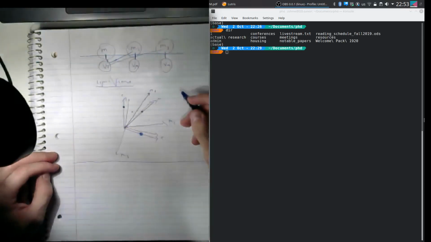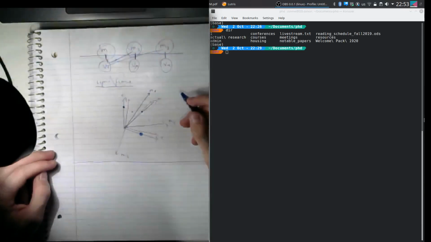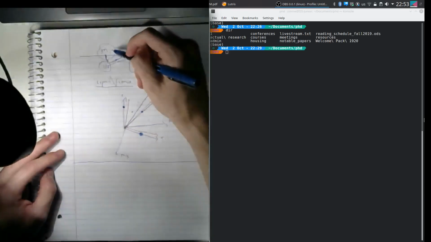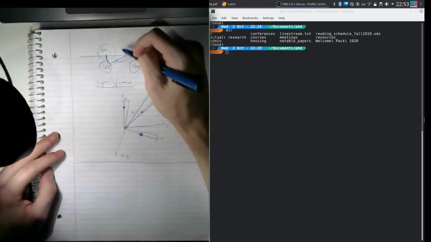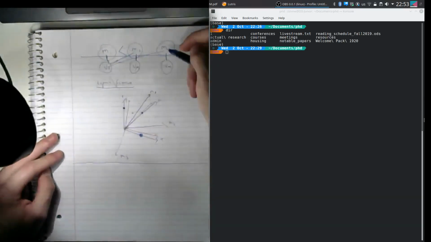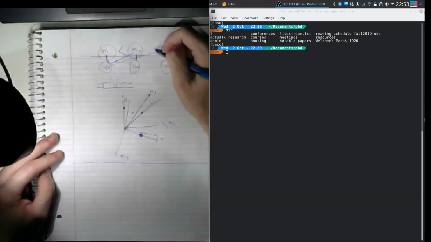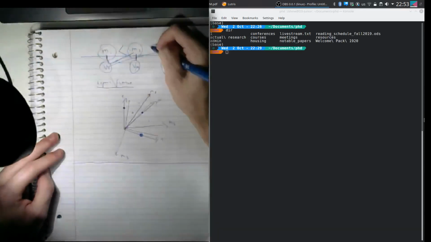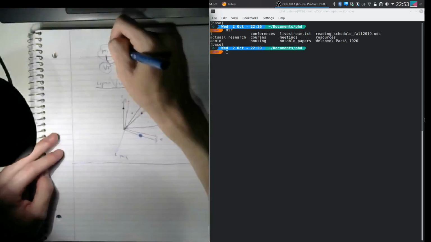One thing we do know is that the first mass state is less than the second mass state. We know that. But what we don't know is whether this third mass state is greater than both of these.